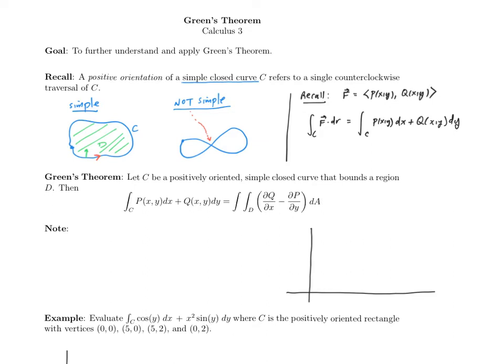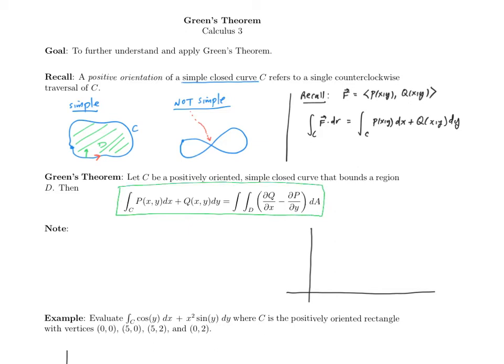So the idea is that we could start off with, say, a line integral that may be difficult to evaluate and express it in terms of a simpler double integral. Or even, as we'll see later on, vice versa, we might start off with a double integral and turn it into a line integral. And the formula that we have here is the big takeaway for this section, Green's theorem.